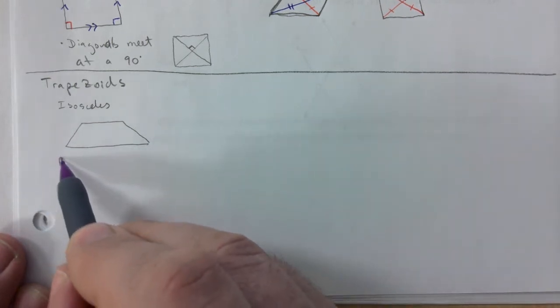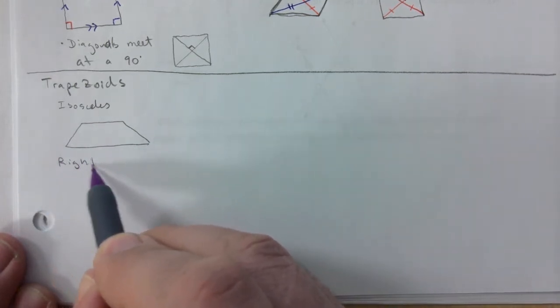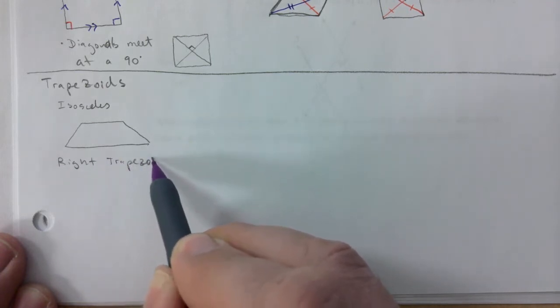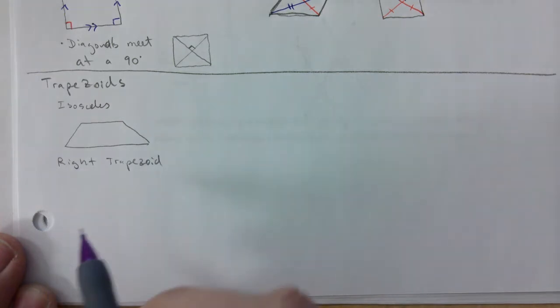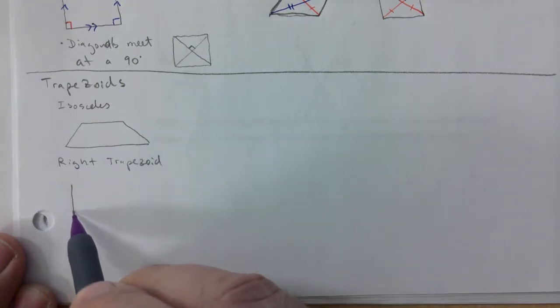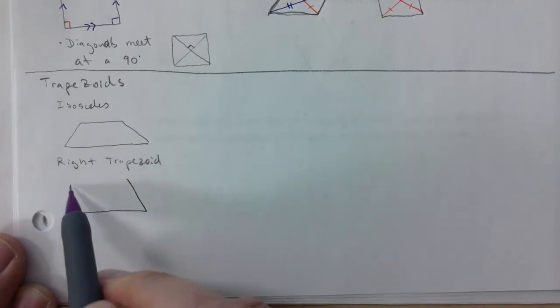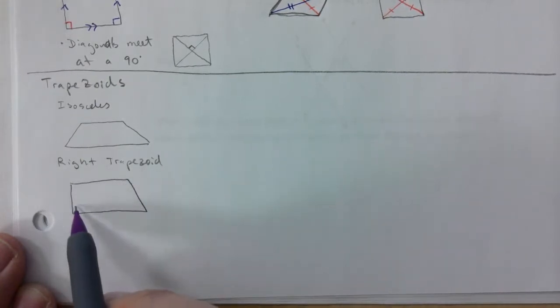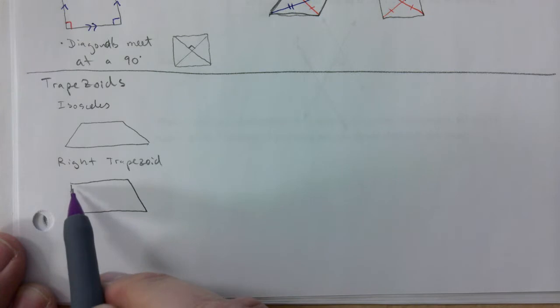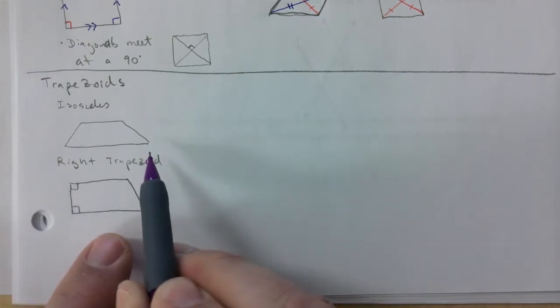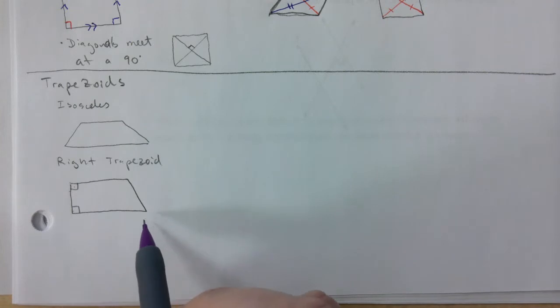And you have the right trapezoid. The right trapezoid, simply put, has the right angle here, the two right 90s on this side, and then on the other side it's one of those pointed ones on the other end.